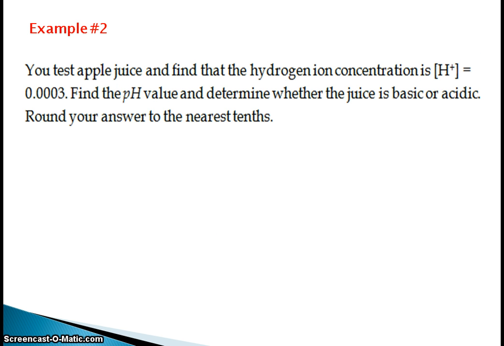Our next example of pH levels is apple juice, something that you might drink from time to time. This time, we are given H plus. It is 0.0003, and we're asked to find the pH value and determine the pH level of this juice. So we're going to write down our equation: pH is equal to negative log of H plus.